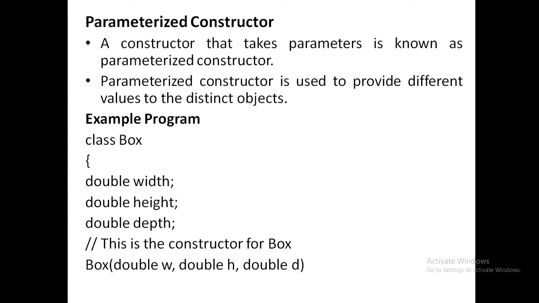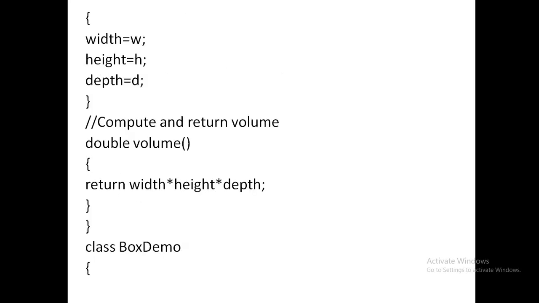It has three different variables, width, height and depth, of data type double, and a constructor is created which takes the variables, with data types, as arguments, and a function volume is defined which returns the volume of the box.